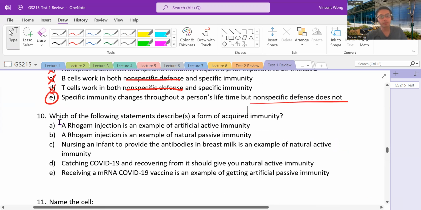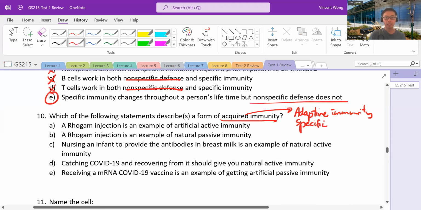Okay, let's take a look at this one. We'll do together. Which of the following statements describe a form of acquired immunity? Okay, so acquired immunity is another word for adaptive immunity, right? It's another word for specific immunity, right? Okay. So a RhoGAM injection is an example of artificial active immunity.